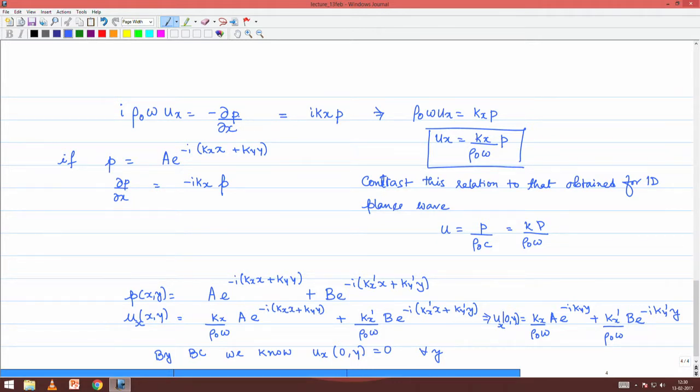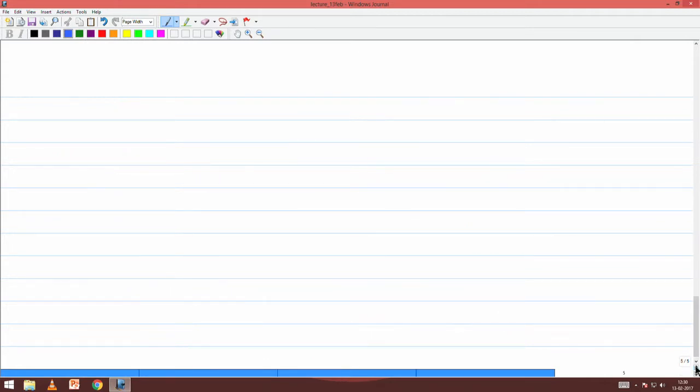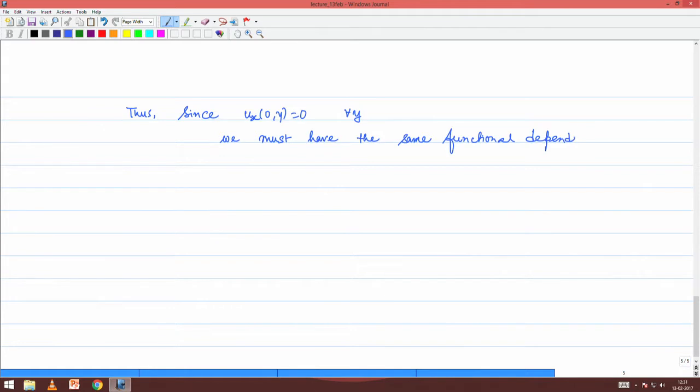So, therefore, by our demand that this boundary condition hold good for all the values of y, we are led to believe the following. Thus, since u_x(0, y) must be 0 for all y, we must have the same functional dependence in y for both the A and the B wave.